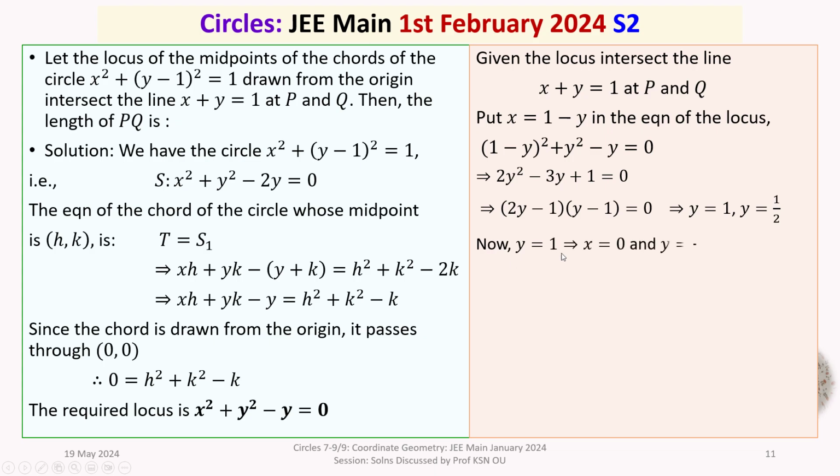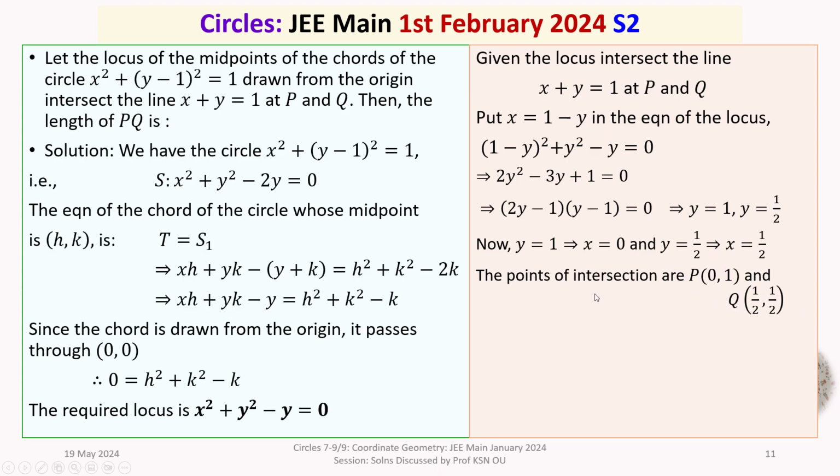When y is 1, x is 1 − 1 = 0. When y is 1/2, x is 1 − 1/2, that is x = 1/2. So therefore the points of intersection are P at (0, 1) and Q at (1/2, 1/2).